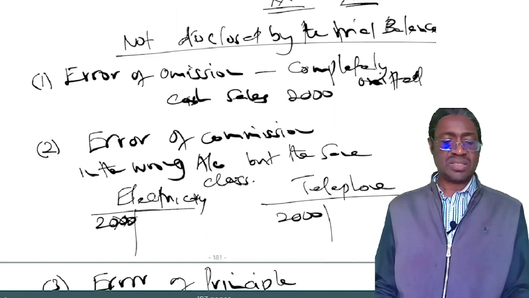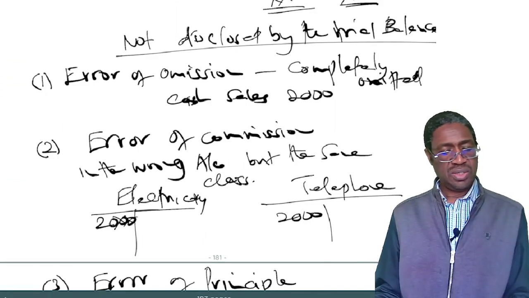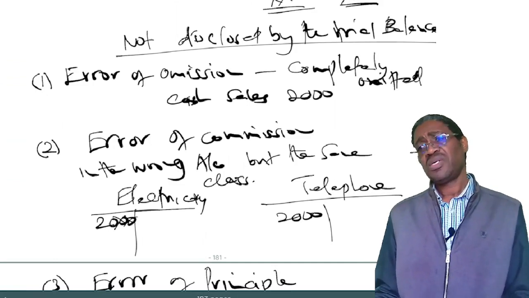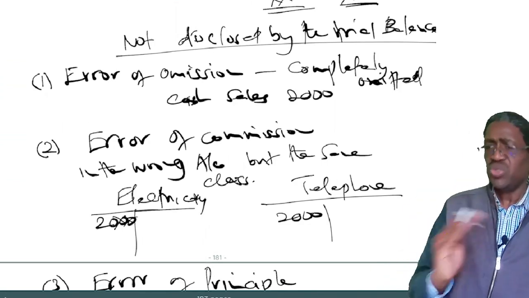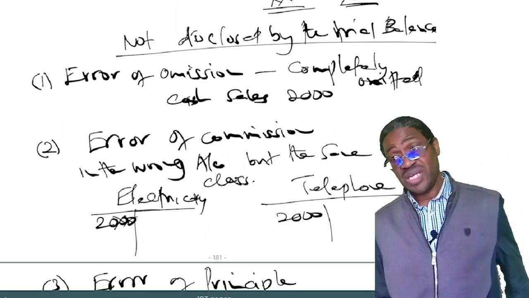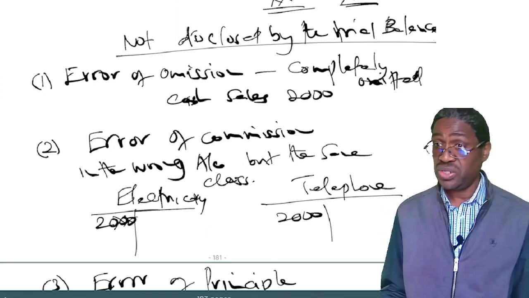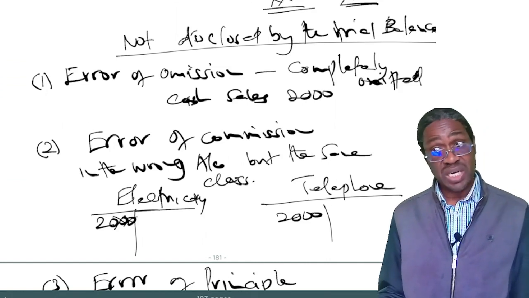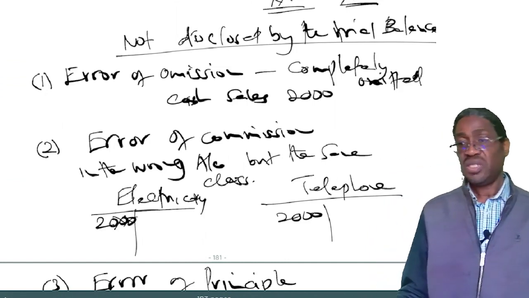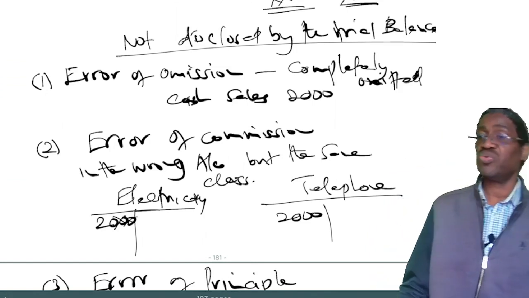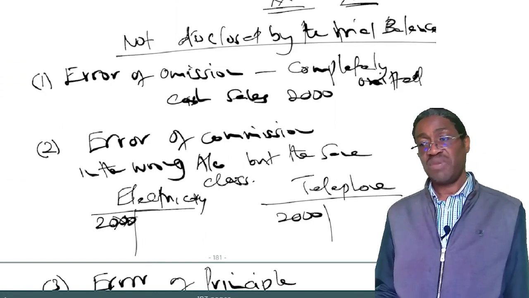These are errors which, when they are committed, the trial balance would still balance.